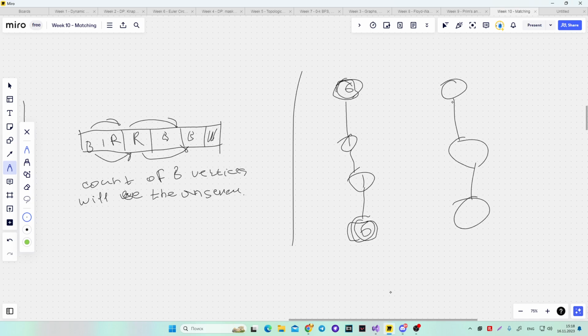And every time we add some vertex, it means we consider it. Just consider it. But we can use the pair.